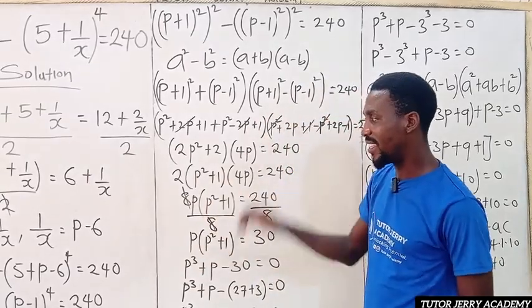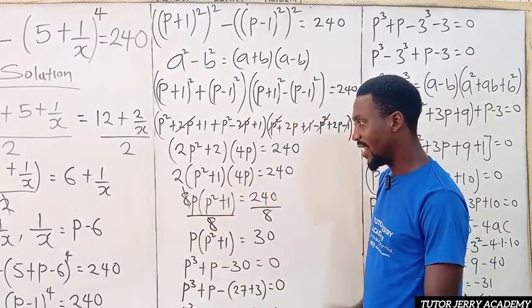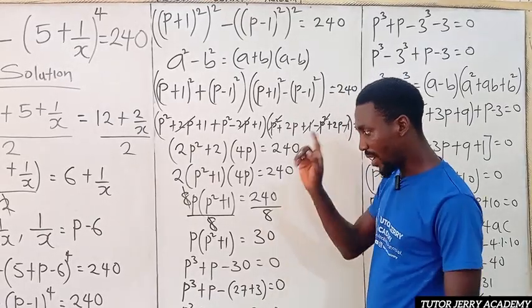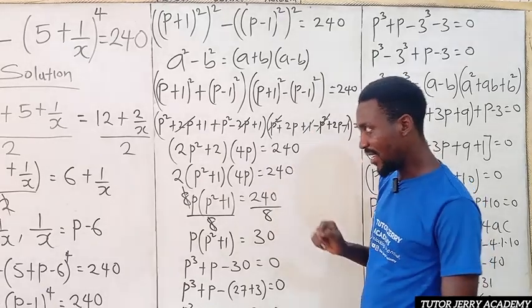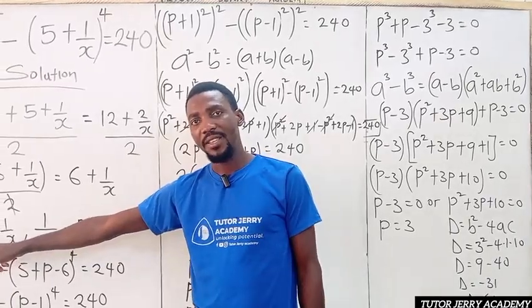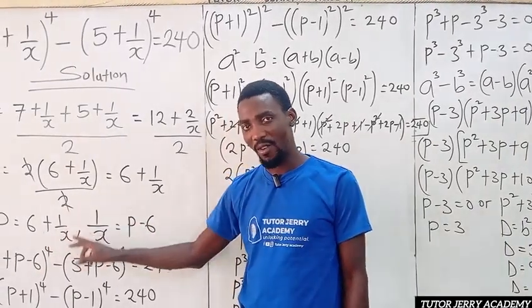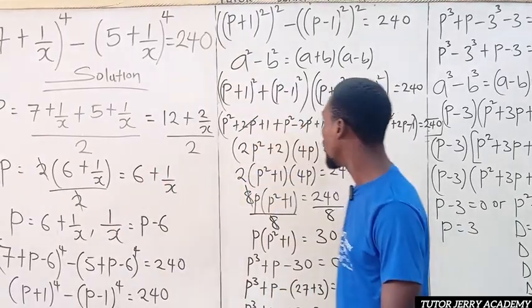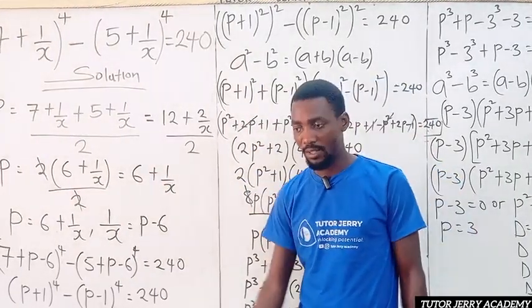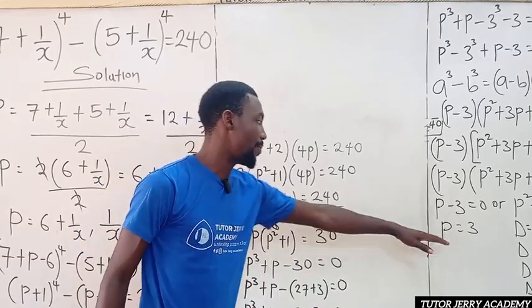All right. But don't forget, it is the value of s that we want to find, right? Now, we have gotten the value of our p to be 3. But don't forget that initially our p is equal to 6 plus 1 over s, right? All right. So I'm going to be cleaning this part so that we can further proceed. So we have gotten our p to be 3.